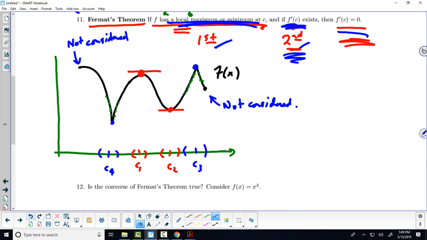But it's supposed to be a corner, and at that corner it's not differentiable. Remember, that was one of our scenarios where a derivative wouldn't exist, even though we were continuous. So even though we're continuous at C3, the derivative does not exist. So Fermat's theorem does not apply because we failed to meet this condition. So let's just say here, Fermat's doesn't apply.